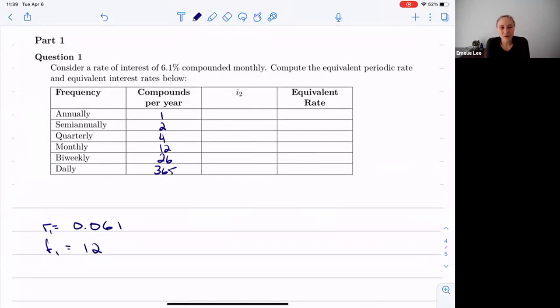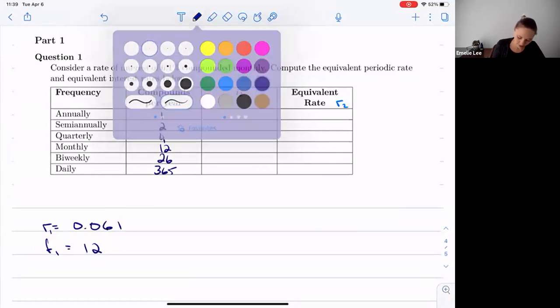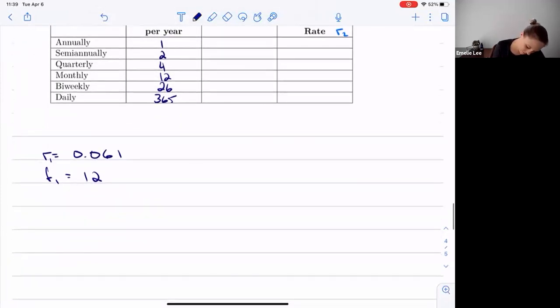Then we have to find I2, the equivalent periodic interest rate, and then the equivalent rate, which we're going to call R2. What we're going to use is I2 equals (1 plus I1) to the power of F1 over F2, then minus 1.